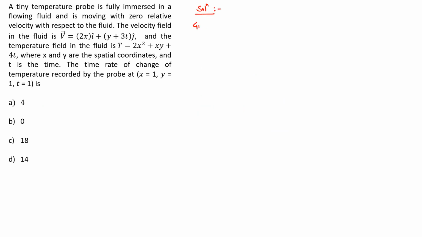So we have been given the velocity field v, which is 2x i cap plus (y plus 3t) j cap. This means that u is 2x and the v velocity is y plus 3t. Also, we have been given the scalar field T, which is temperature, as a function of x, y, and t.